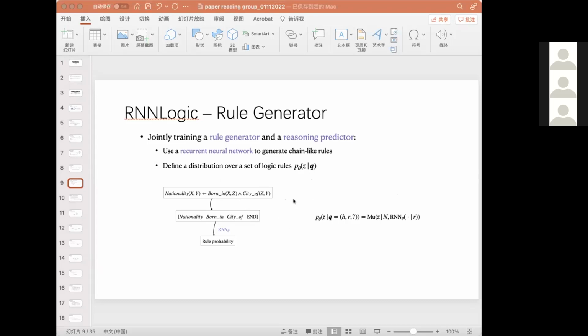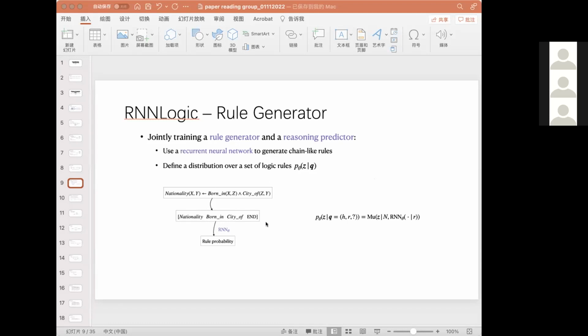So the idea of this rule generator is that it will try to convert a logical rule into a sequence of relations. The first relation in this sequence will be the head relation, followed by the first relation in the body, then the second relation in the body, and finally it adds an end token to indicate the end of the relation sequence.